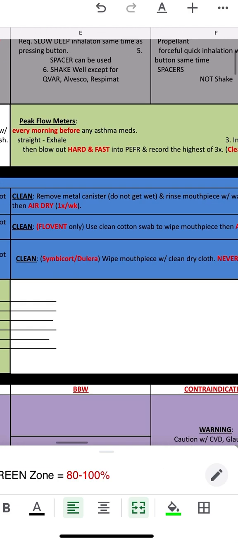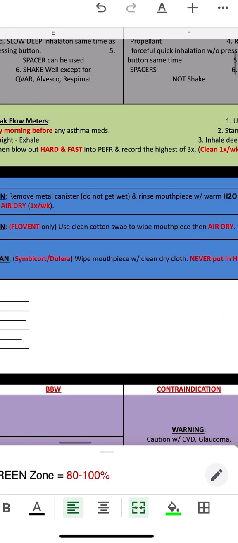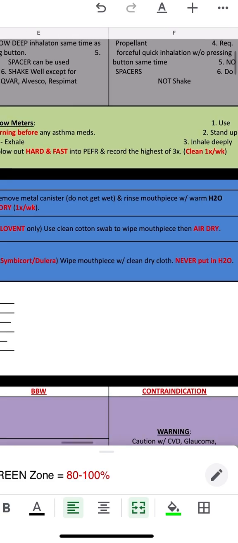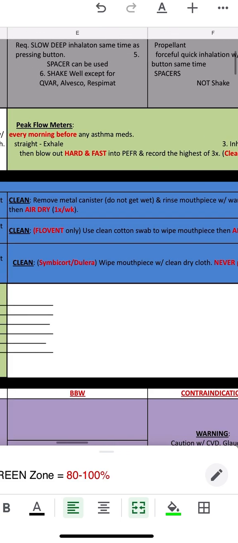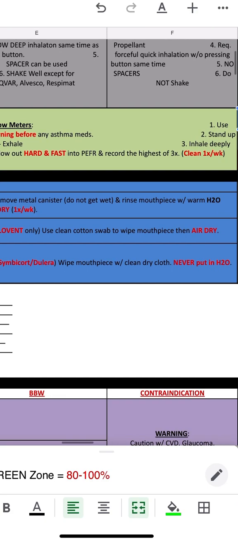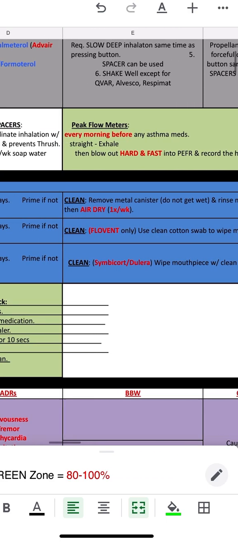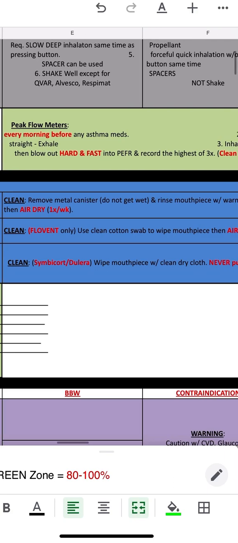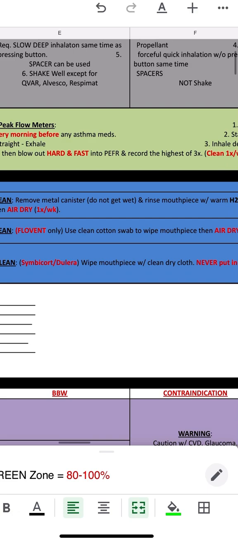Clean: remove metal canister. Do not get it wet, and rinse the mouthpiece with warm water, then air dry once per week.